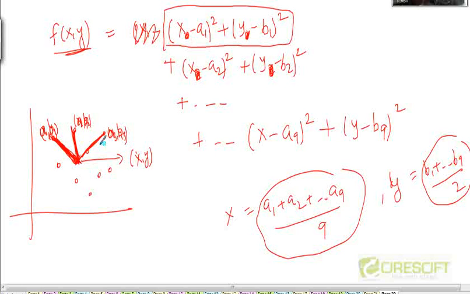The centroid is just the average of the individual coordinates in all the dimensions. This is in two dimensions, but now we can extrapolate this to a v-dimensional space where you can think of these two coordinates a and b as representing a vector of length 2. So we have v coordinates instead of two coordinates.